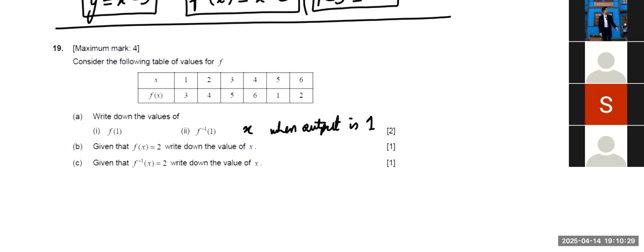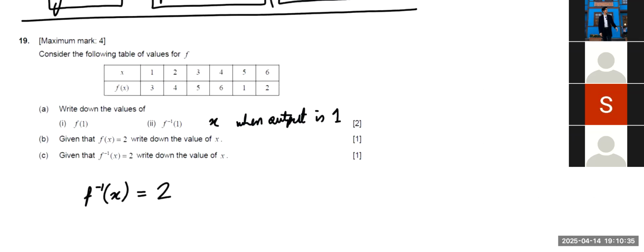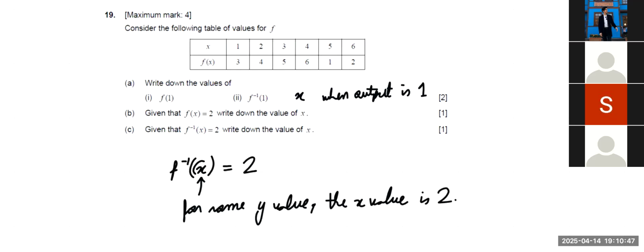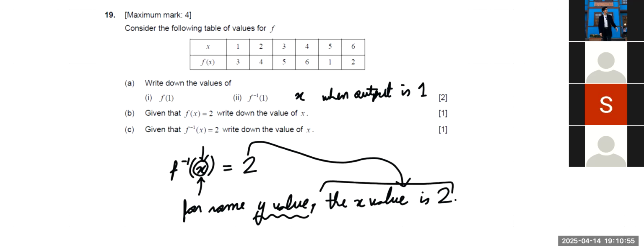Now, if I tell you that f inverse of x is 2, that means that for some y value, the x value is 2. That's the idea. Because this mystery thing is the y value. And the corresponding x value is 2. Because again, an inverse takes the y value and gives you the corresponding x value.